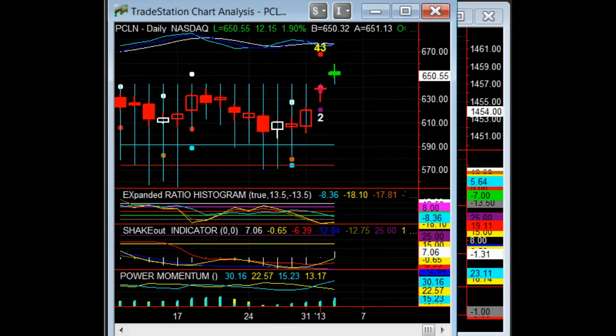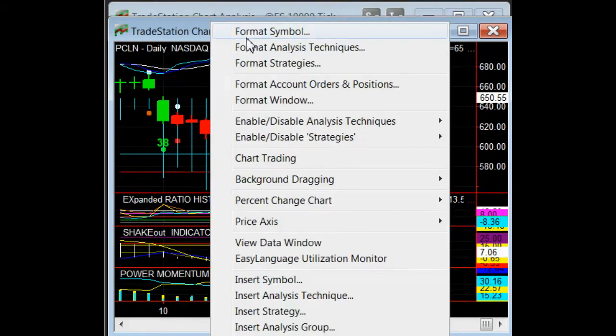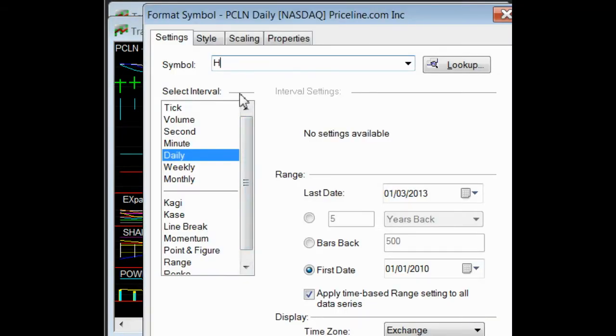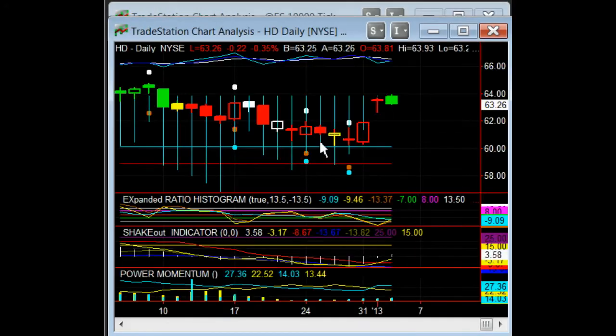Let's go ahead and flip ourselves to Home Depot, just for the fun of it. That was interesting because with this big pop, we have seen a lot of stocks give some short signals.